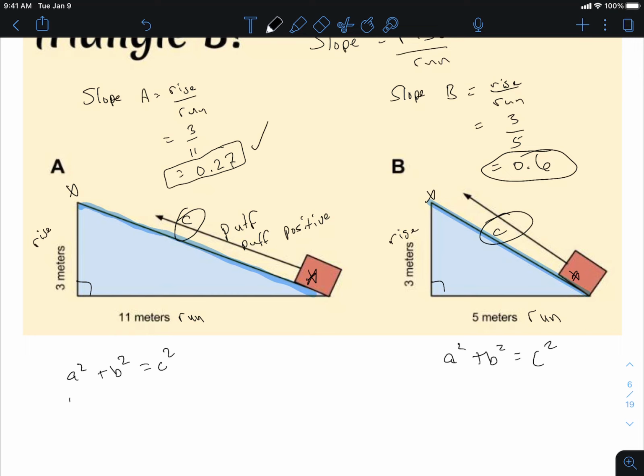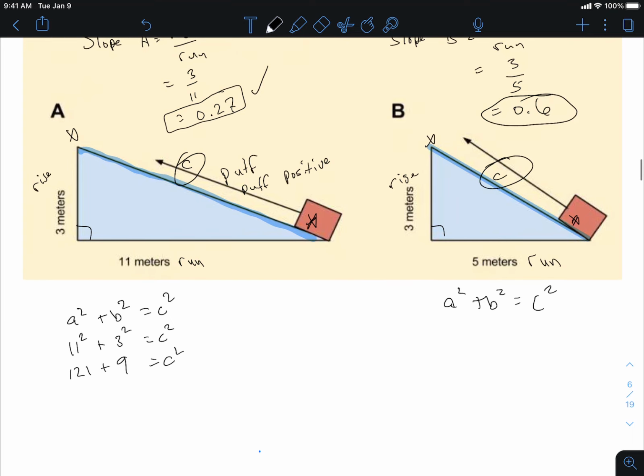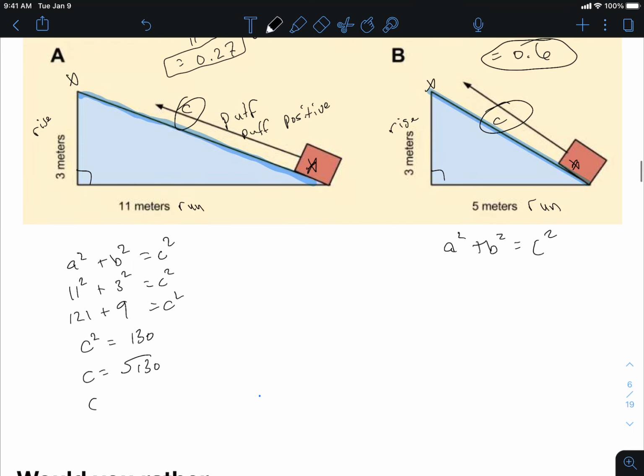So 11 squared plus 3 squared is equal to c squared. We get 121 plus 9 is equal to c squared, so c squared is going to equal 130. So c is going to equal the square root of 130, which should equal 14.4. Oh, sorry, not 14.4, 11.4.